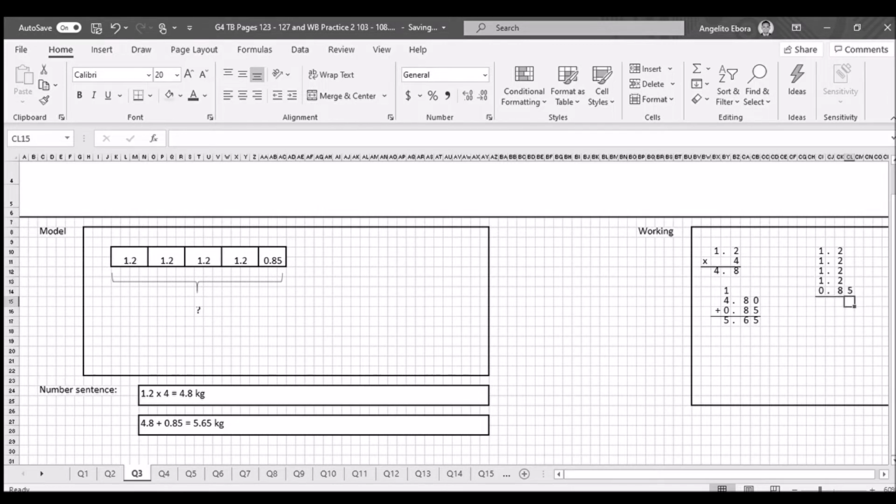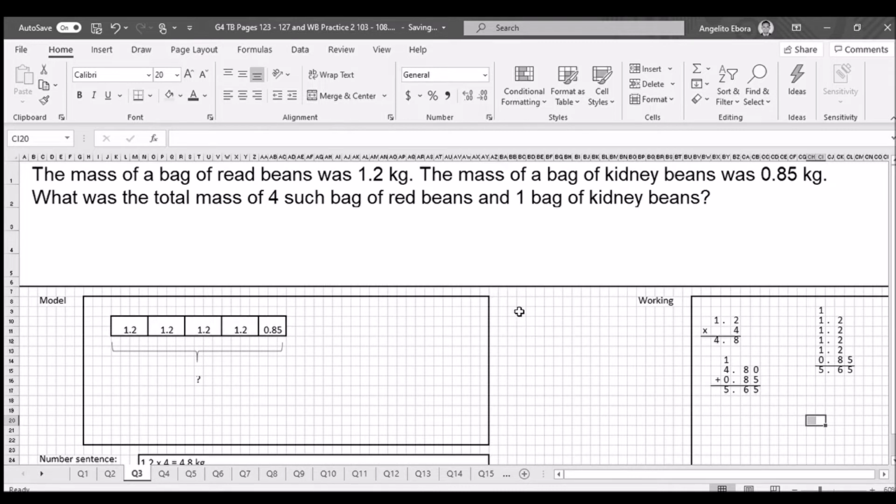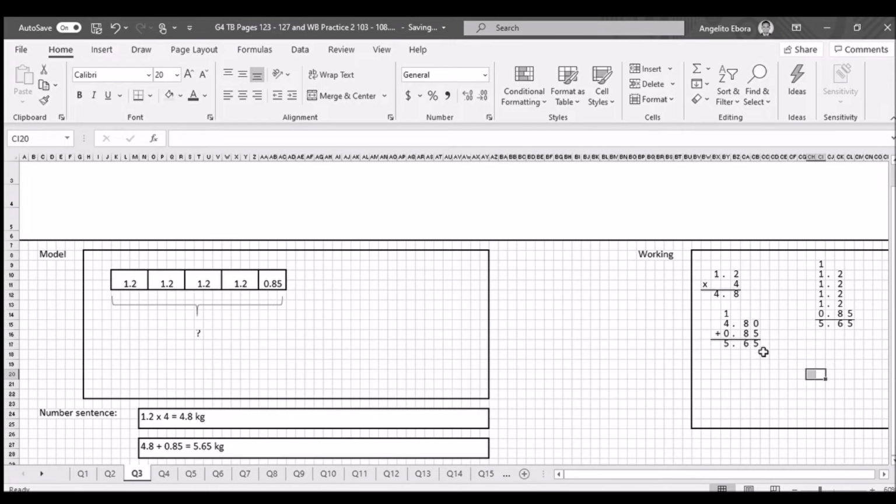When you add this, it's 5. So 2 times 4 is 8, plus 8 is 16. Regroup, put 1 on top. So 1, 2, 3, 4, 5. So 5.65. Okay. So the reason why I multiplied 1.2 by 4 is for me to know the mass of the 4 bags of red beans. And then you just add the kidney beans. So it's the same thing. Okay. Which method you want to use.